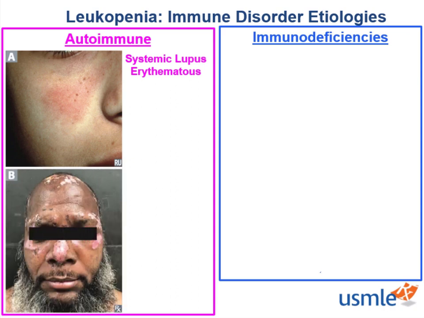Now, let me ask you, what kind of lupus does this person have? Discoid lupus. Discoid lupus actually gave lupus its name as these skin findings can be seen on the arms, legs, and other regions of the body.